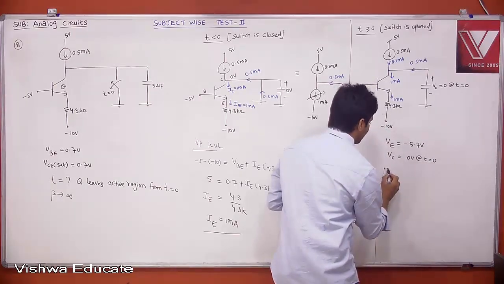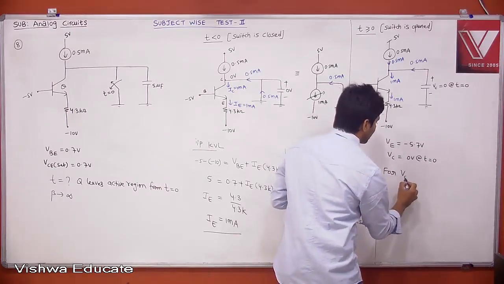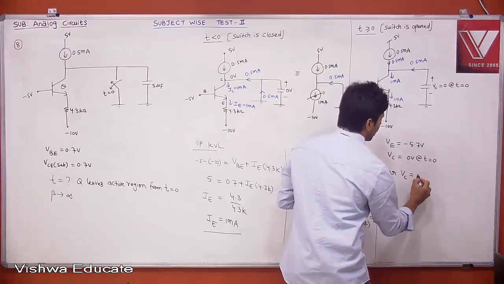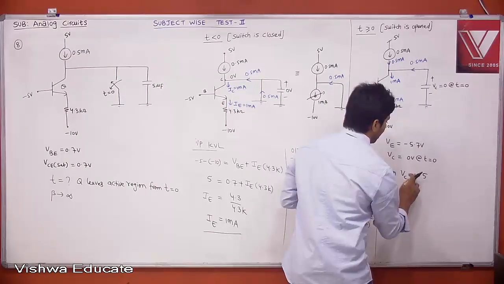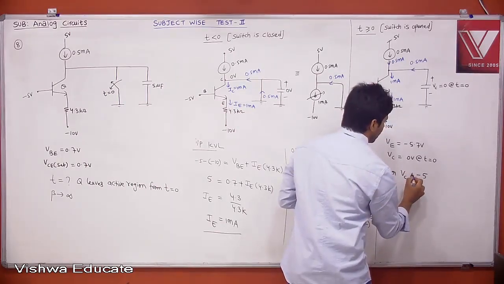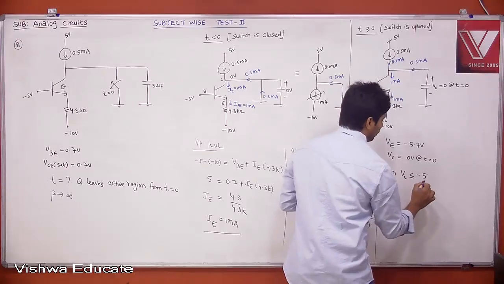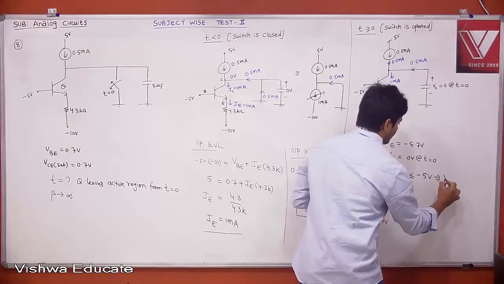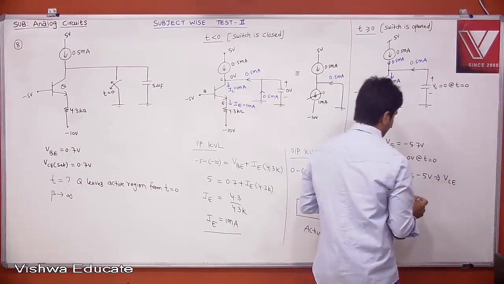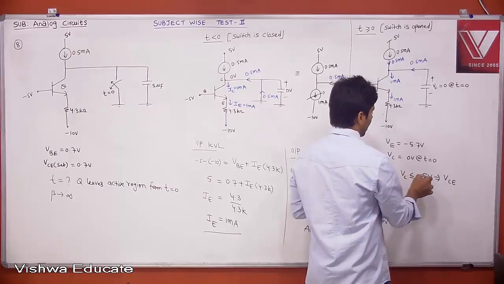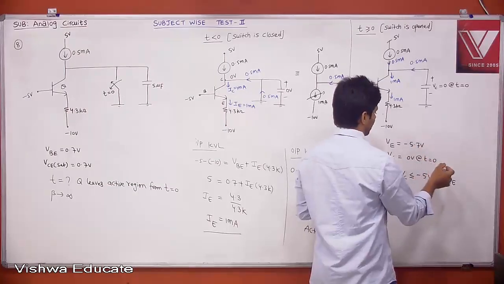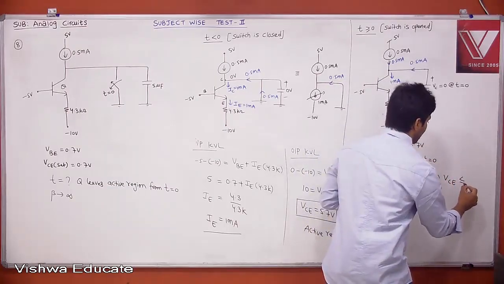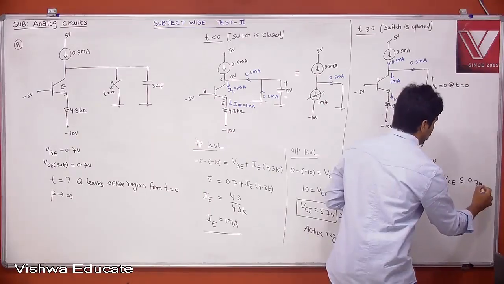Tell me, for voltage at collector less than or equal to minus 5, what will your VCE be? VC minus 5 minus of minus 5.7, then it will be less than or equal to 0.7 volt.